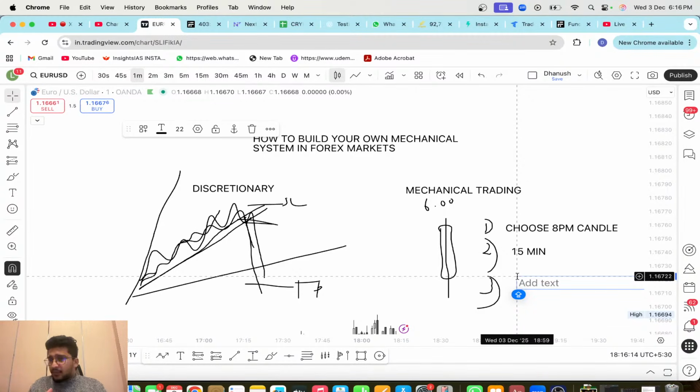So here we are looking for liquidity. Okay, let's mark the high and low of the candle.